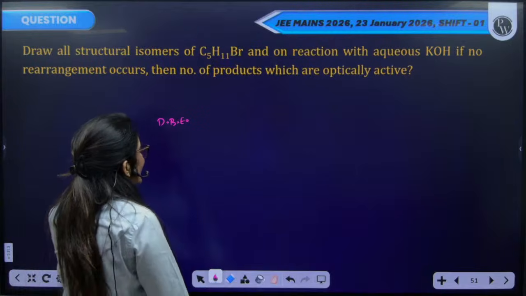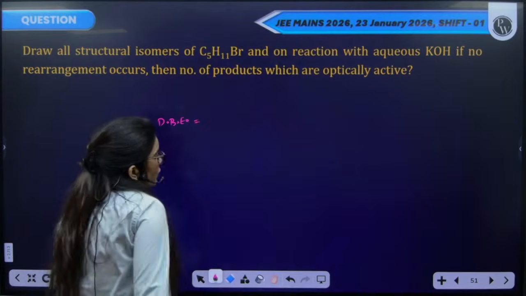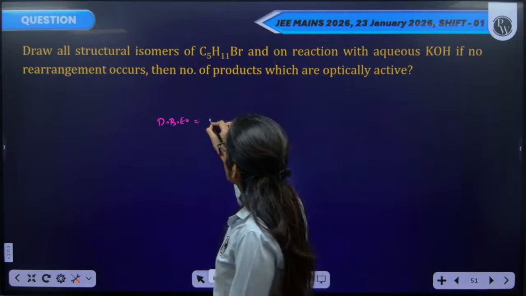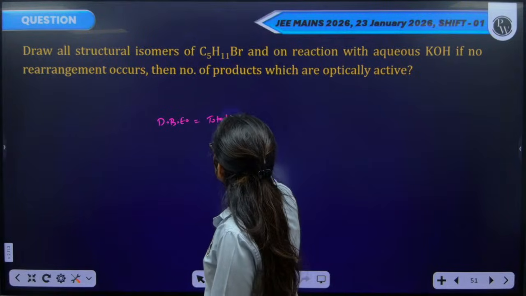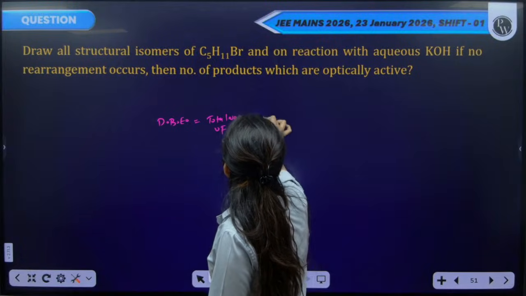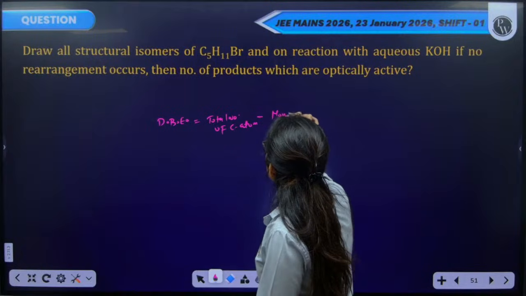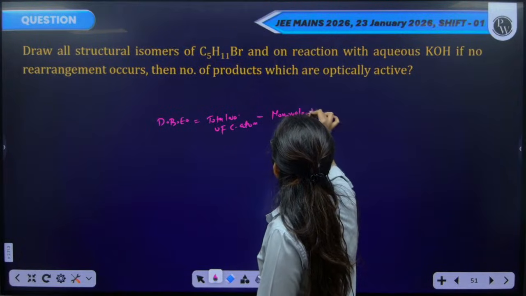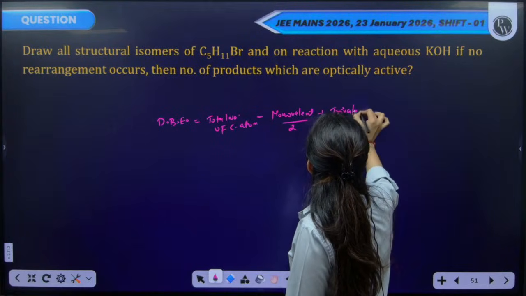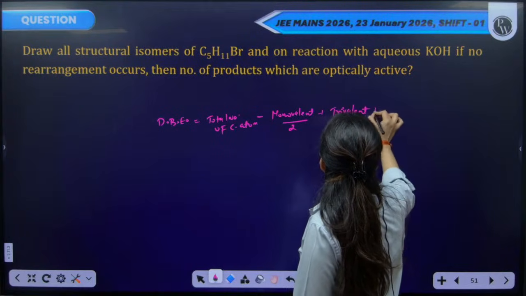It is basically calculated on the basis of, first of all, you take total number of carbon atom, okay, minus monovalent by 2 plus trivalent by 2 and plus you do 1, okay.